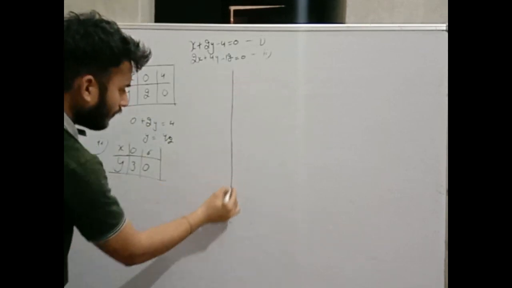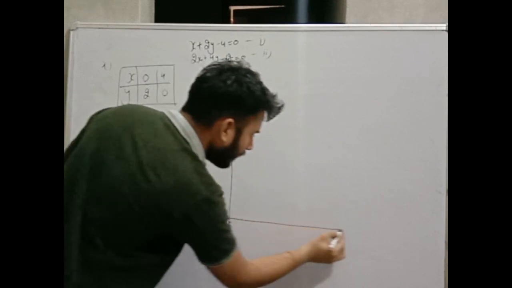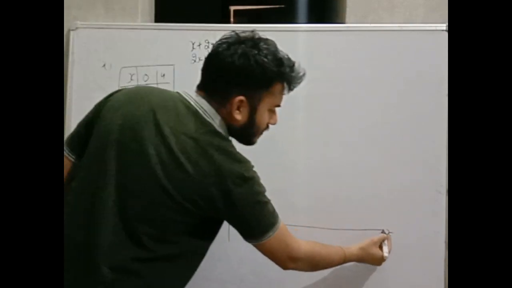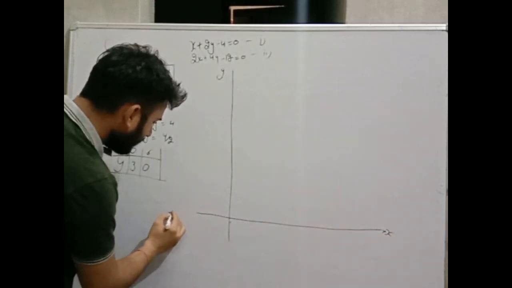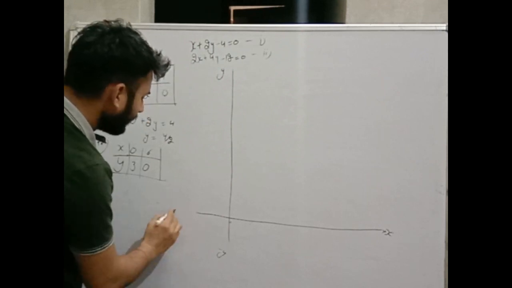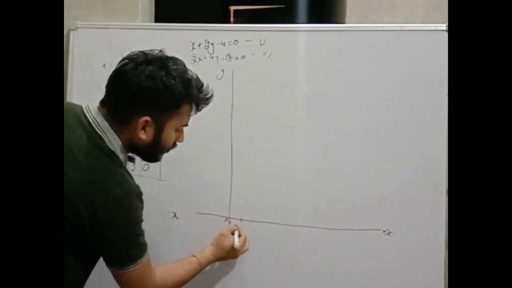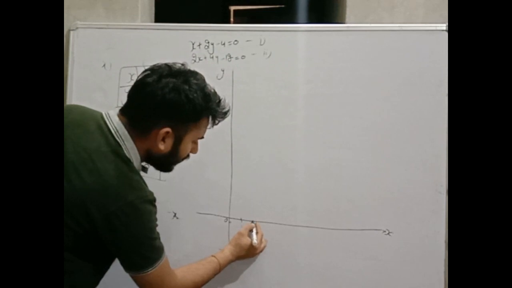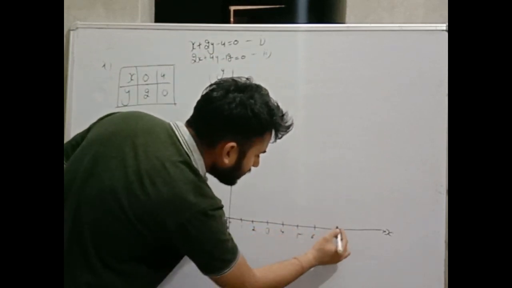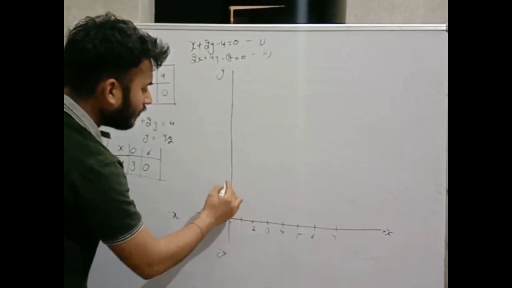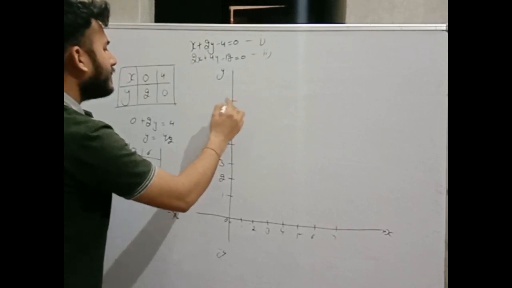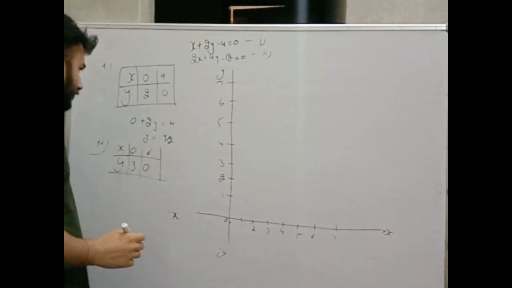Now this is your x-axis and this is your y-axis. This side is positive, and this side is negative y and negative x. This is your origin, 0, and then 1, 2, 3, 4, 5, 6, 7 and 1, 2, 3, 4, 5, 6, 7.